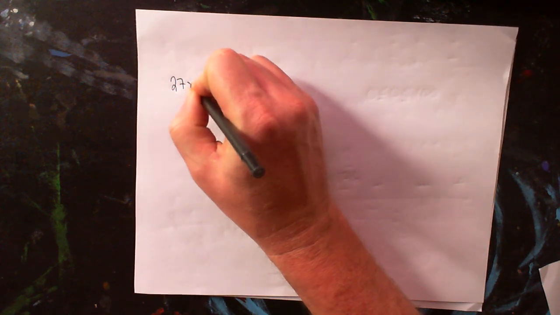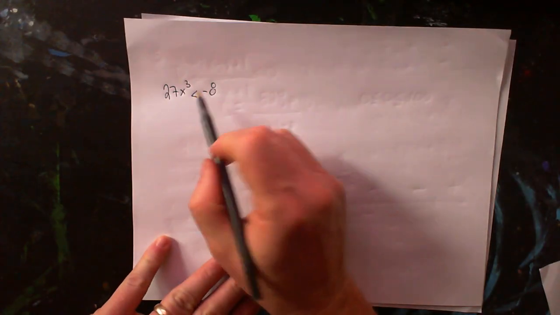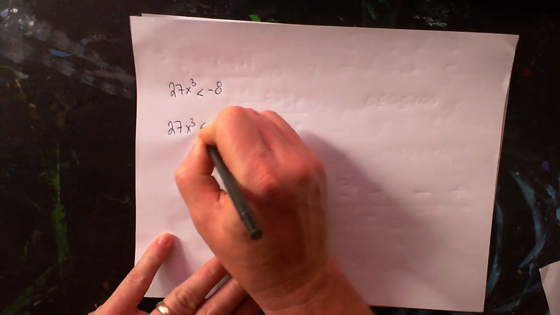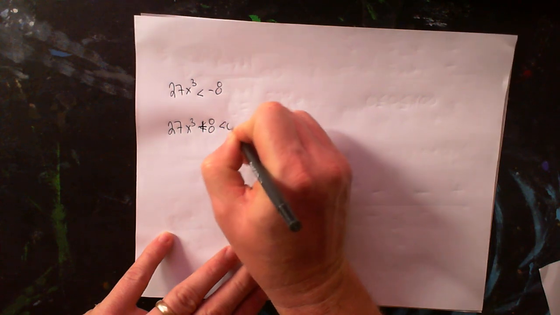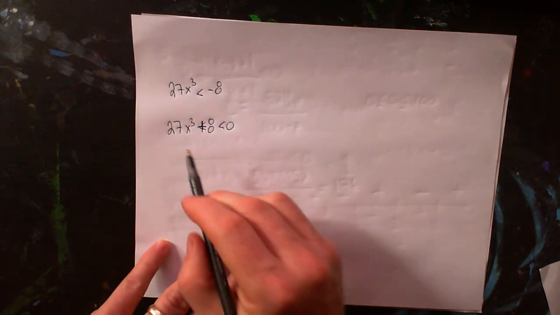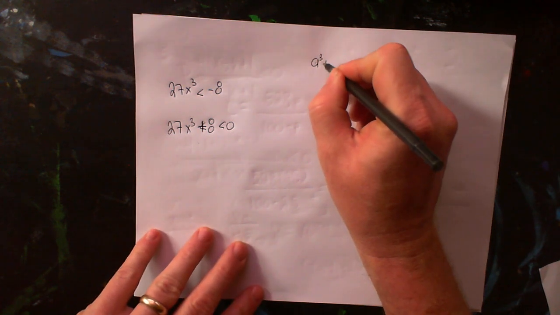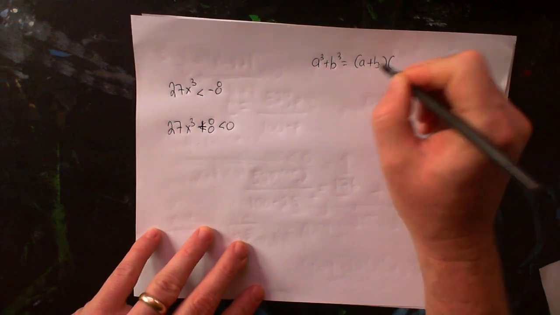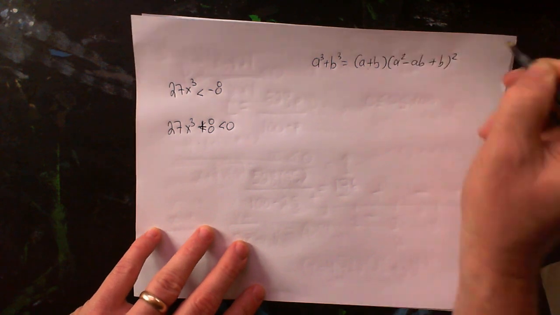We have 27x cubed is less than negative 8. So we're going to move this 8 over to the other side. That will give us 27x cubed plus 8 less than 0. This is a sum of cubes. Hopefully you remember a cubed plus b cubed equals a plus b, same sign, opposite sign, always plus.